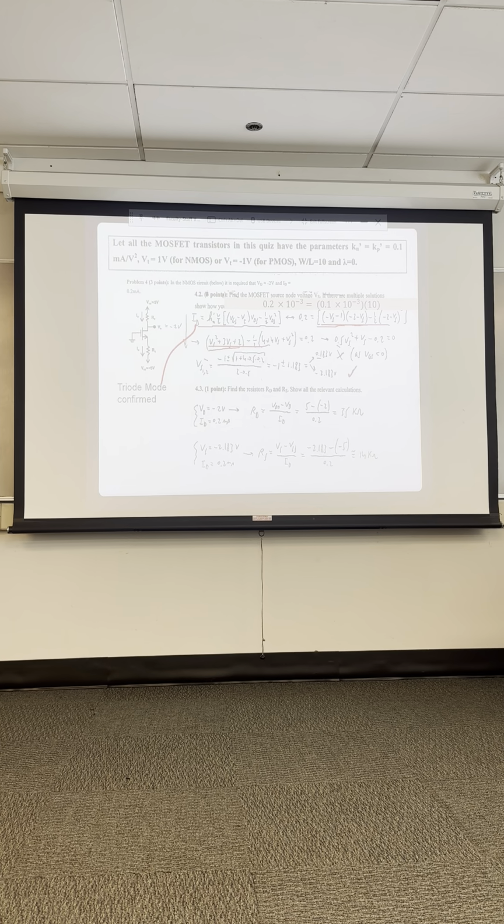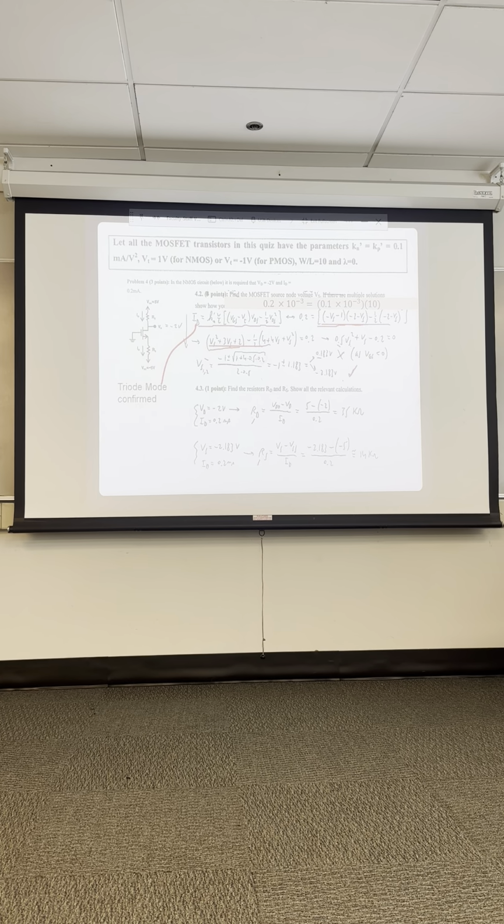So once we have these numbers, the original question was to find the drain resistor and the source resistor. And again, this is just Ohm's law. Once we get through solving this quadratic equation, it just becomes Ohm's law here. The drain resistor is the battery minus the drain voltage, over the drain current.